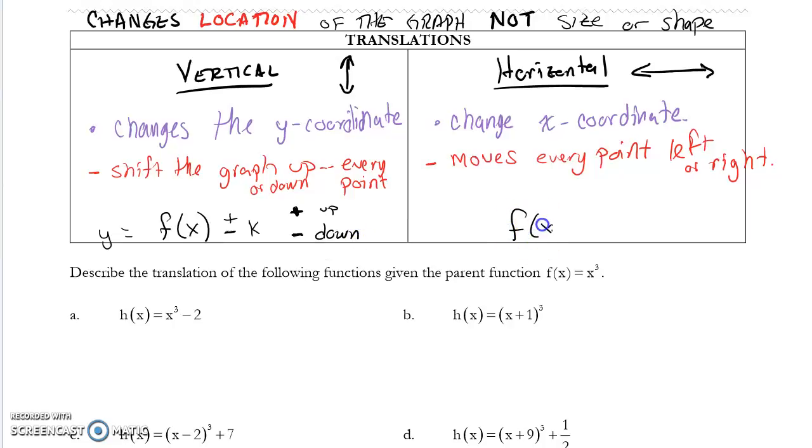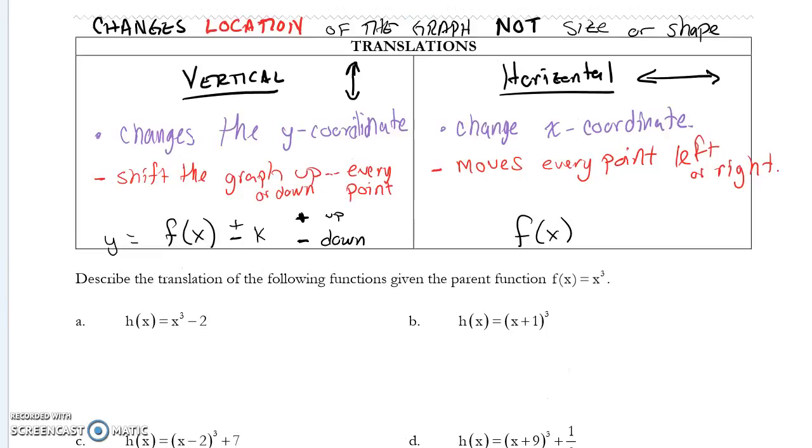Similarly, with this being our function, shifting left and right is also going to be adding and subtracting, but it's a little bit trickier because, in fact, we are not adding to the entire function. In this case, we are either adding or subtracting directly to the x, so inside, because I'm changing my x coordinate, not my y coordinate.